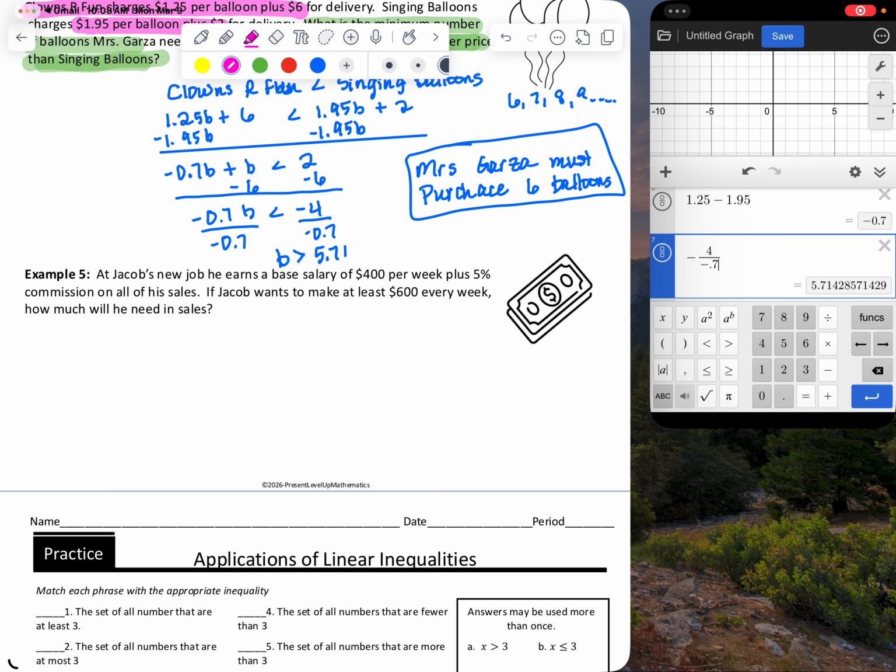All right. So in pink, let's highlight what we know. We know he earns a base salary of $400 per week plus 5% commission on all his sales. We also know he wants to make at least $600 every week.